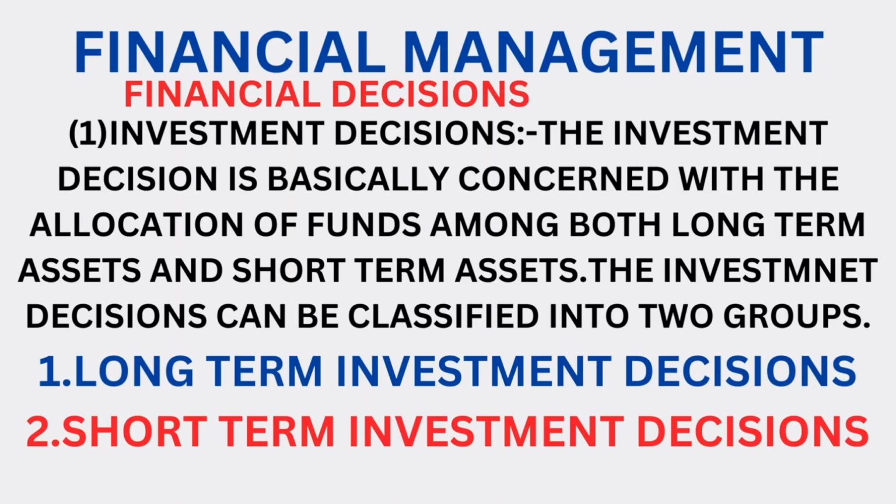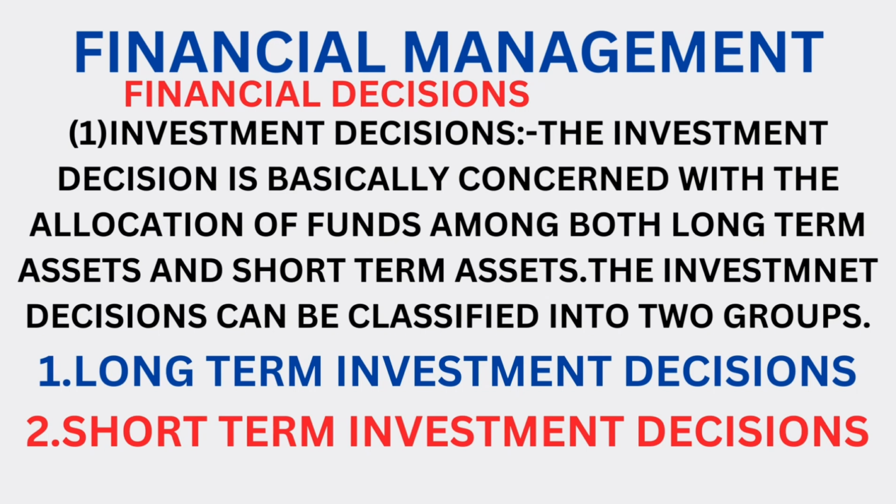The number 1, financial decision. On screen you can see what is financial decision. Financial decisions, under that the first one is investment decision. The investment decision is basically concerned with the allocation of funds among both long-term assets and short-term assets. The investment decision can be classified into two groups: long-term investment decisions and short-term investment decisions.